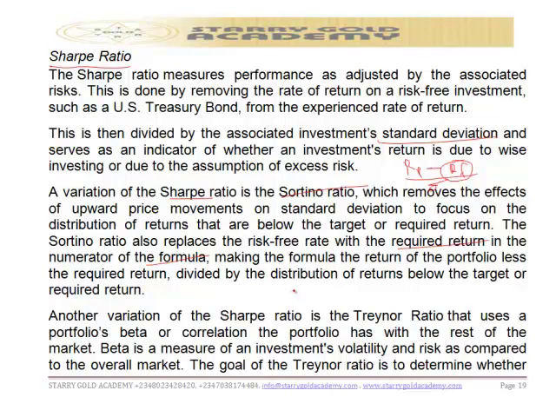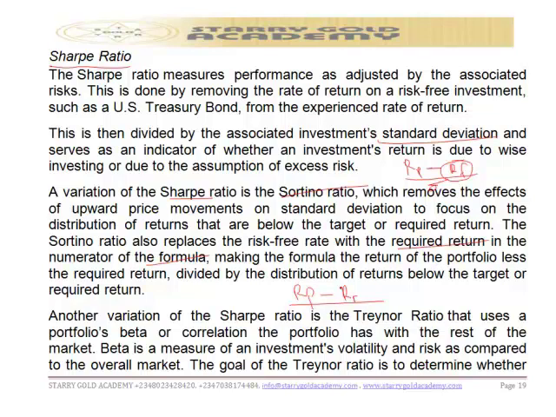So it will now be return on portfolio minus required return, divided by the distribution of returns below the target or required return. The required return is the target mean. Those that are below the mean are what the Sortino puts in the denominator. Let me come again.